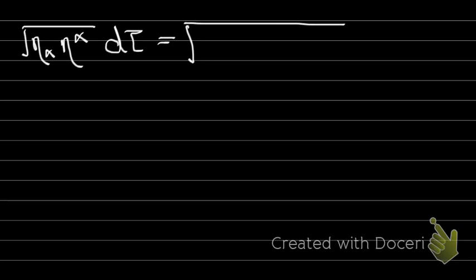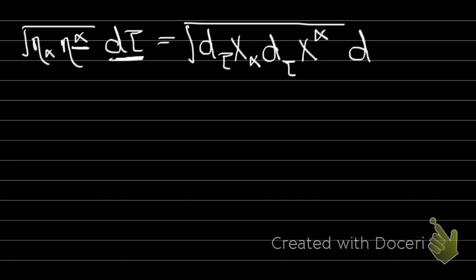With these definitions, the square root of eta alpha eta alpha d tau can be expressed as the square root of the proper time derivative of x alpha times the proper time derivative of x, and now this is contravariant, so I'd have alpha in superscript, and of course we have this d tau, which is outside the square root.